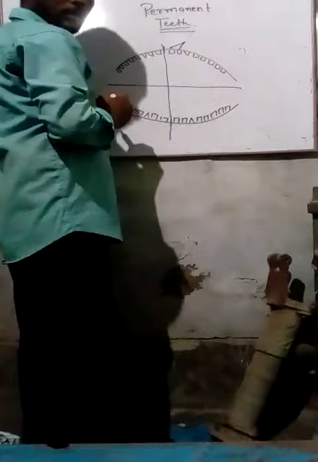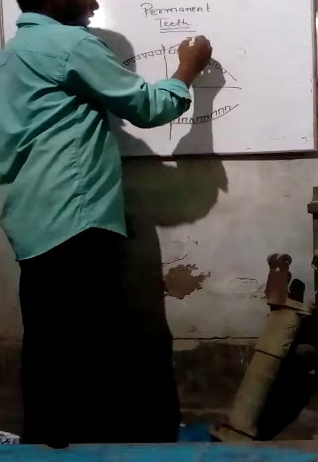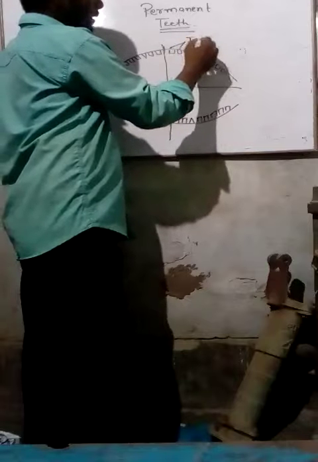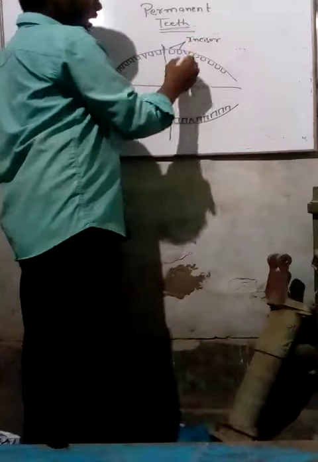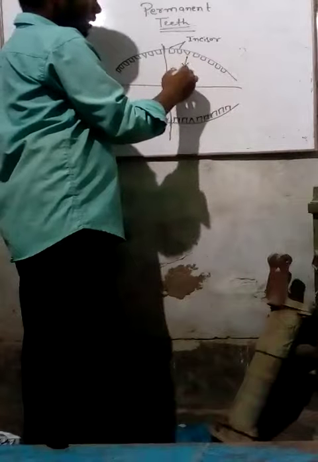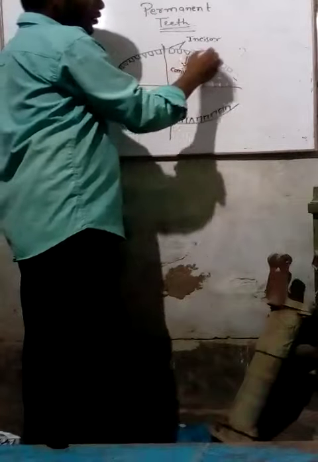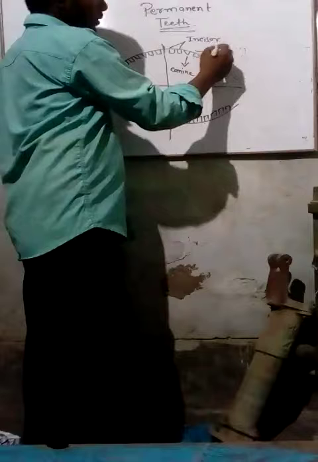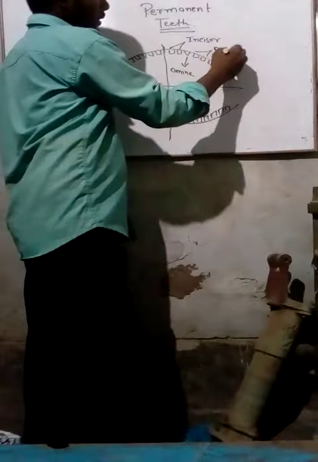This first tooth is called incisor. This sharp pointed tooth is called canine. These 2 teeth are called premolar.